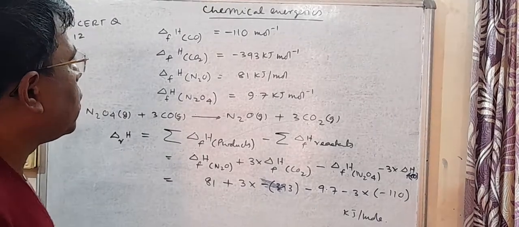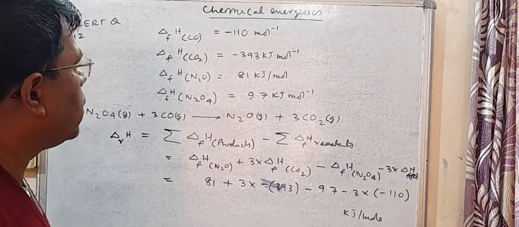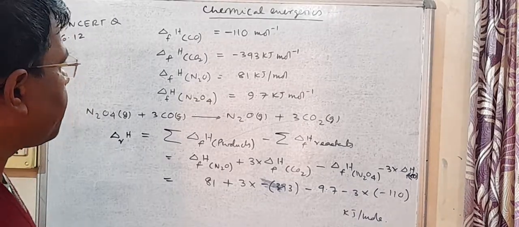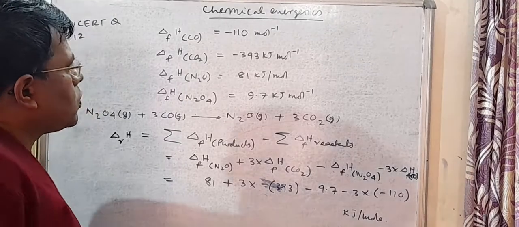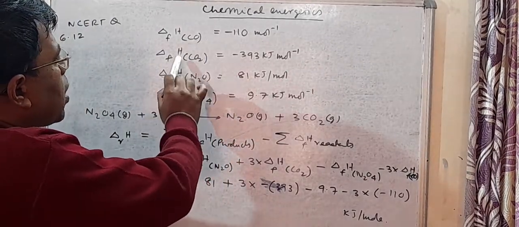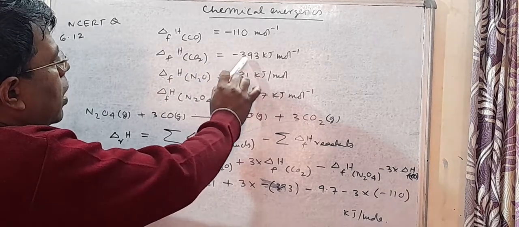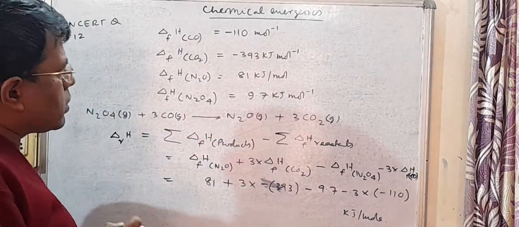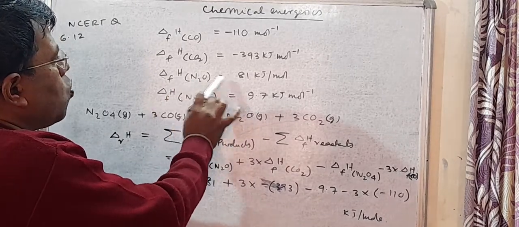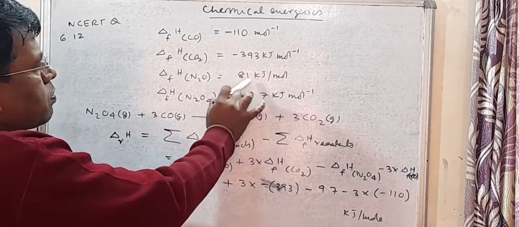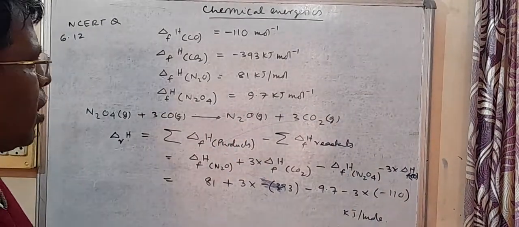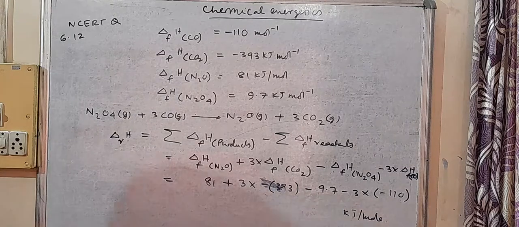The more negative the value of enthalpy of formation, the more stable the compound is. So out of all these compounds, the most stable is carbon dioxide because it is highly negative, and the least stable will be N2O because it has the highest positive value of enthalpy of formation.